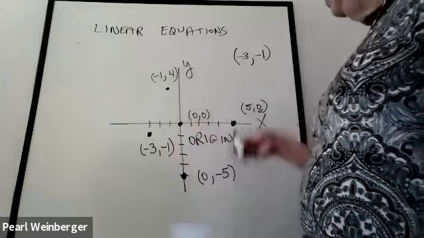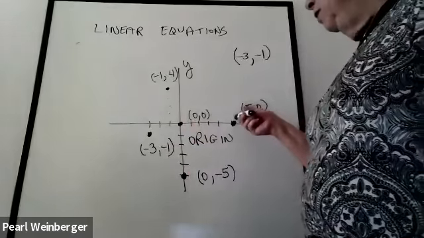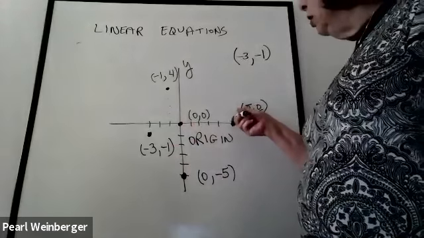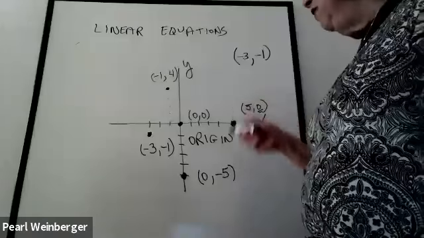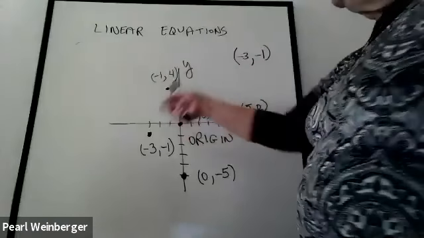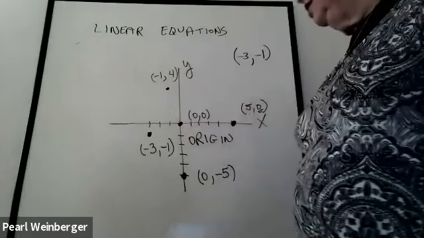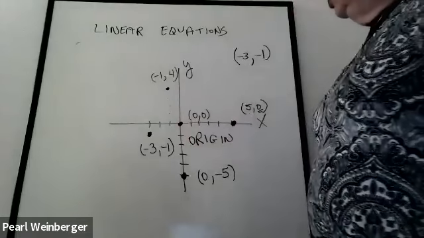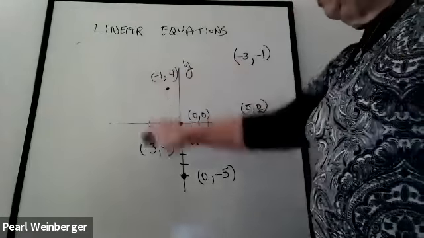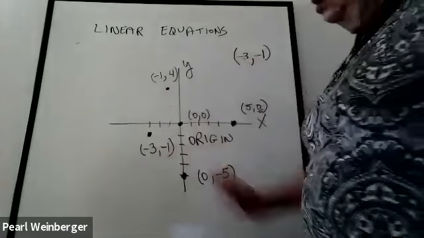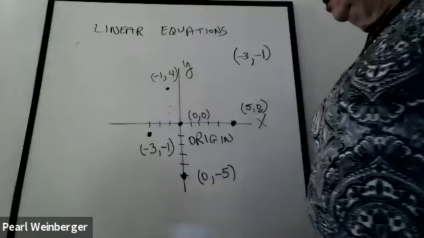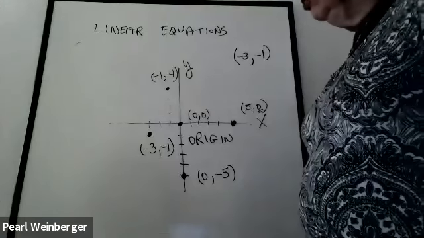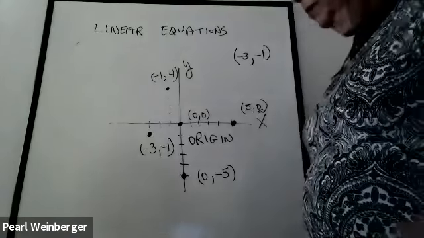What we sometimes say is that the x-intercept here is 5. The x-intercept meaning the point on the x-axis. So these are how we graph points on a piece of graph paper using the Cartesian coordinate method.